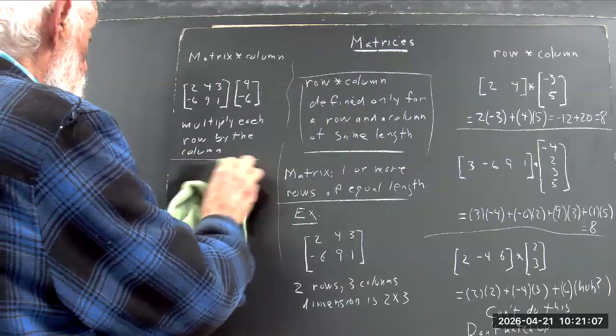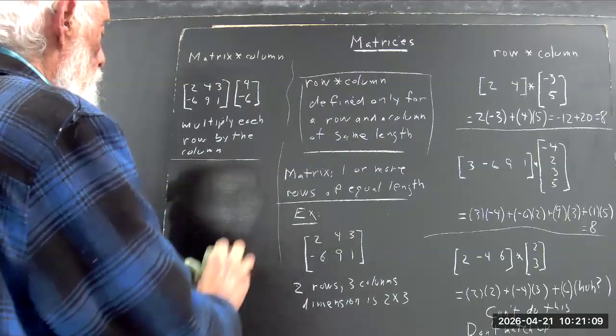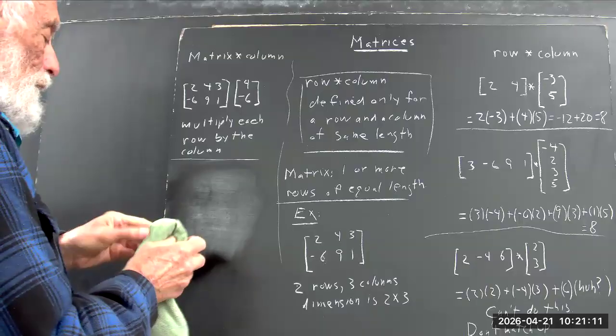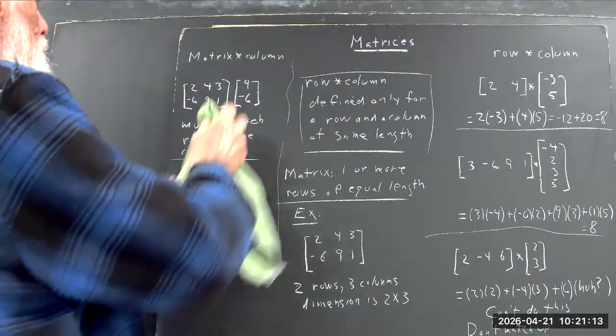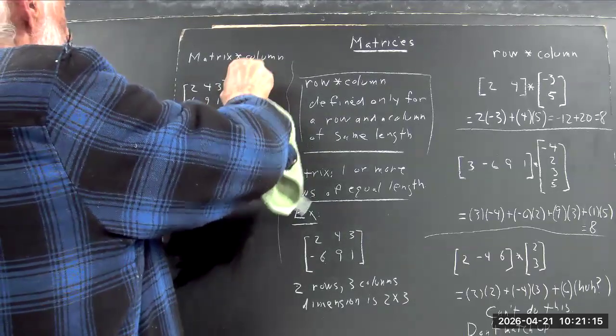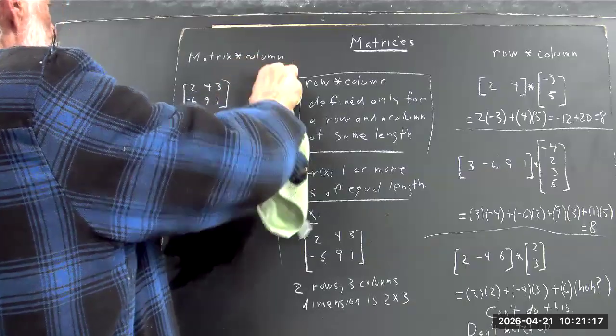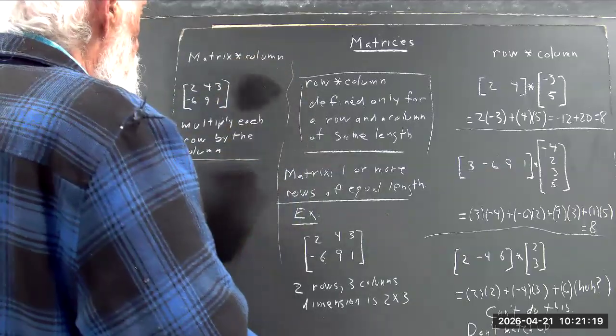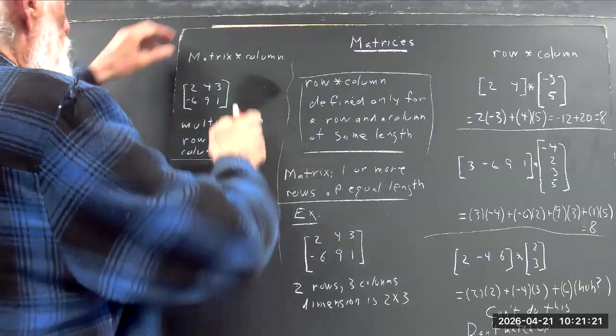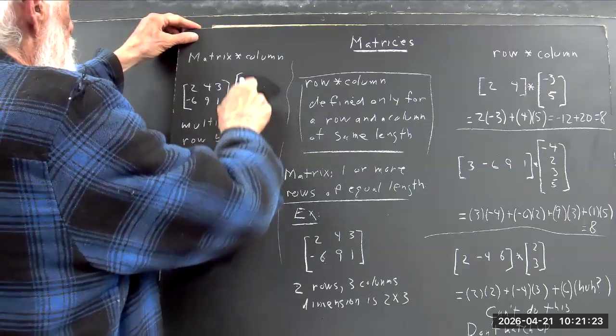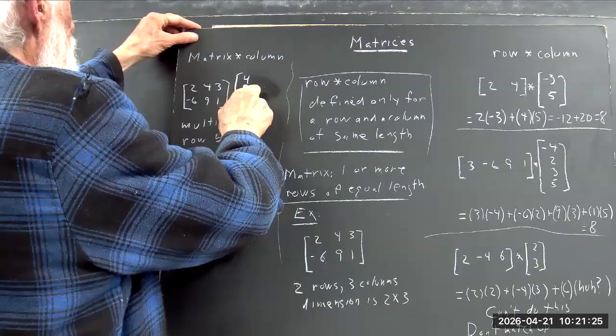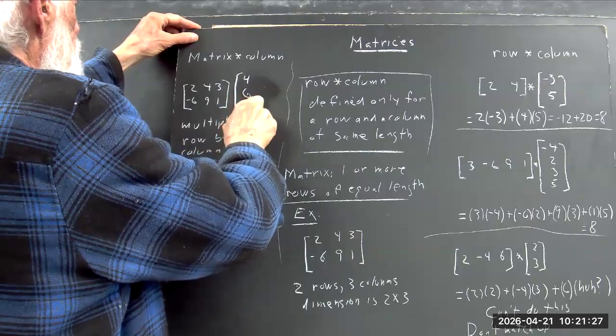I didn't even seem to notice on the first row. I went ahead and did it, but I didn't follow the rule. Okay, so let's follow the rule and see. Let's say we got 4, 6, -2.